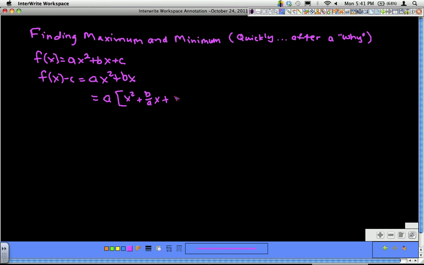Then of course we have to do our plus something squared step. So on this side we're going to have f of x minus c plus a times something squared. Now again, remember that something is half of this. So that's going to give us actually 1/2 times this is b over 2a.